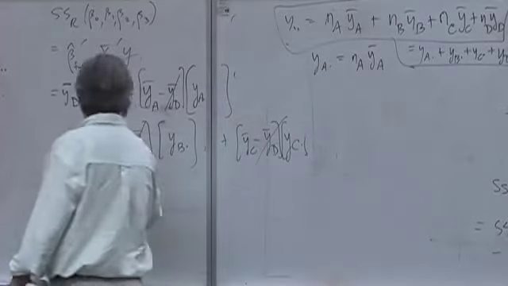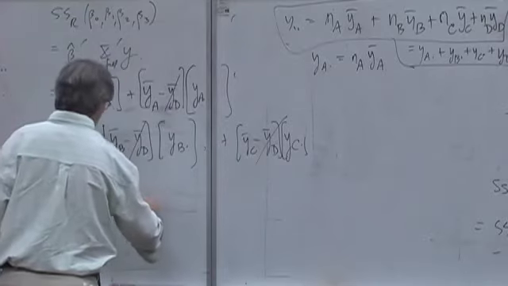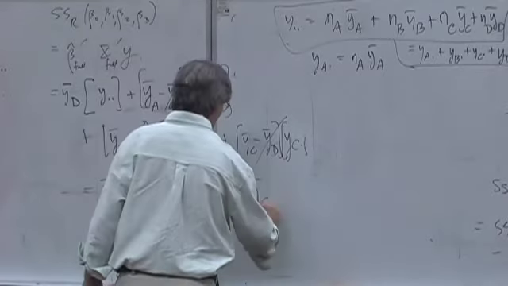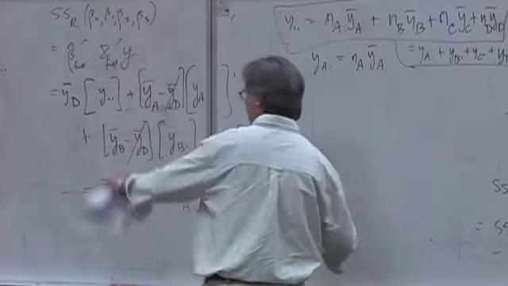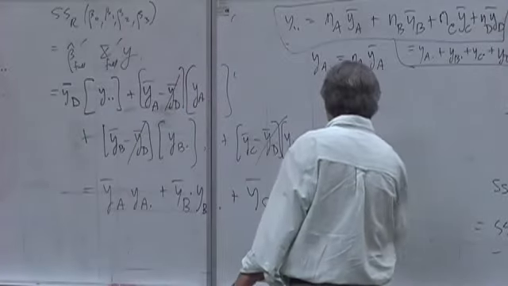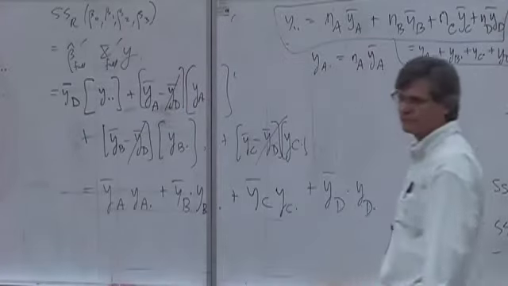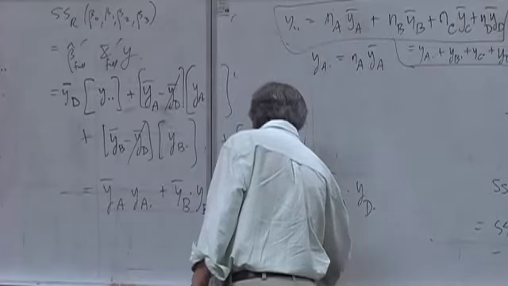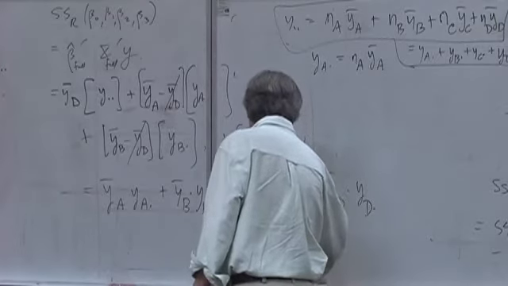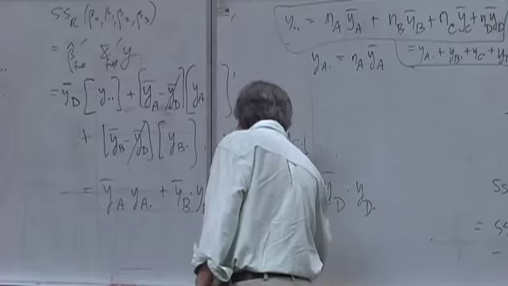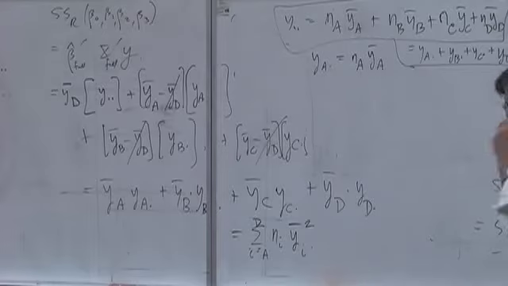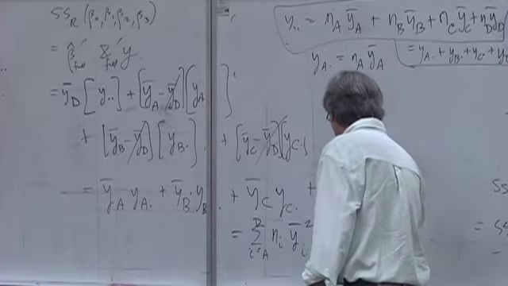So what you get is y_A bar times y_A dot plus y_B bar times y_B dot plus y_C bar times y_C dot plus the last term that didn't get canceled, y_D bar times y_D dot, which is the summation of n_i y_i bar squared, where i goes from A to D. Okay, so that's the regression sum of squares, but not corrected for the mean. This is uncorrected.